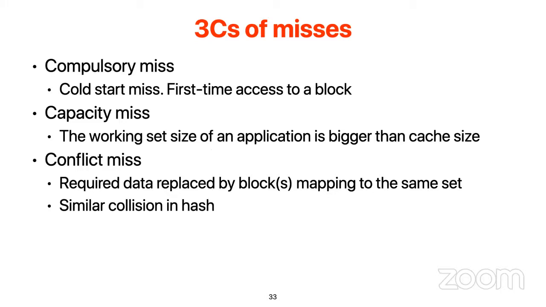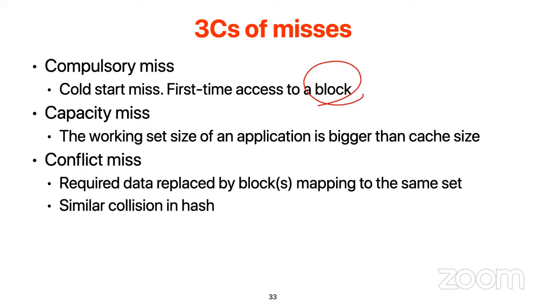Cache misses. Compulsory miss means the first-time miss, the first access to a block. Even though I am not accessing A1, for example, another memory access, like A0, brought A1 into the cache. So A1 has been in the cache before.